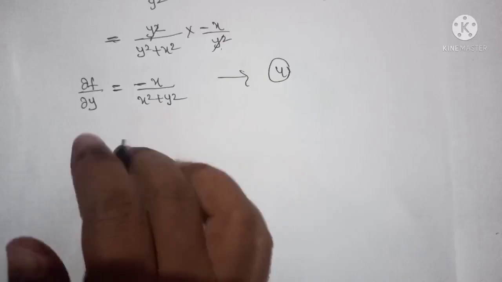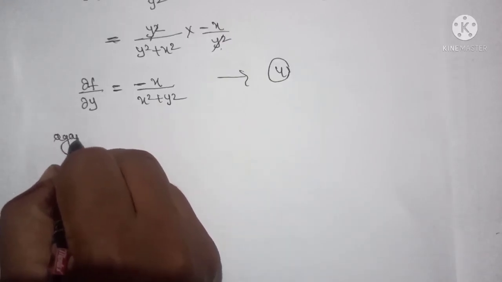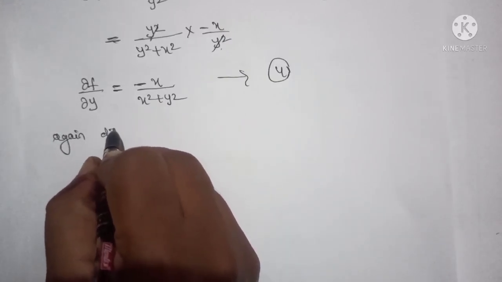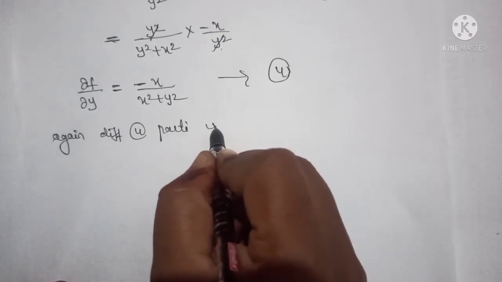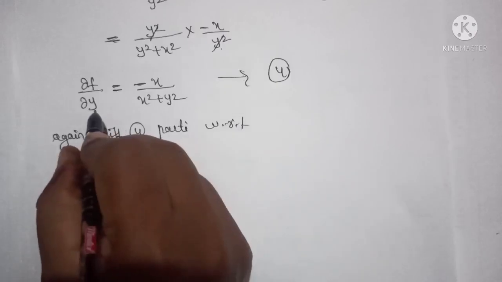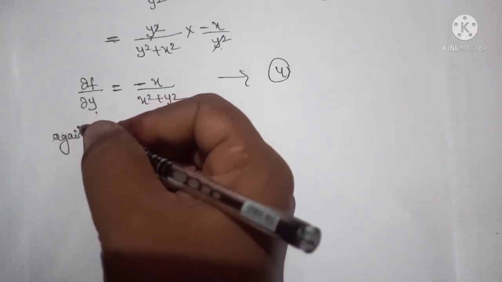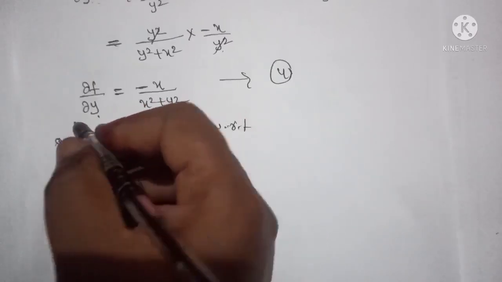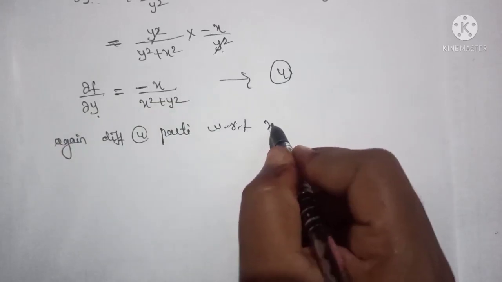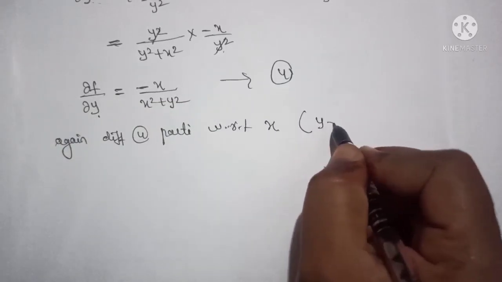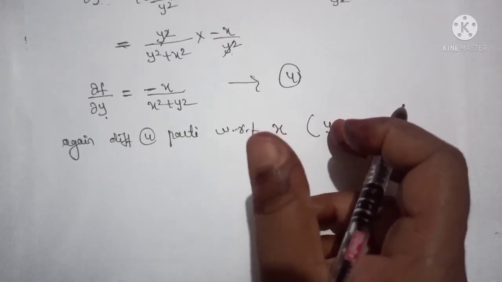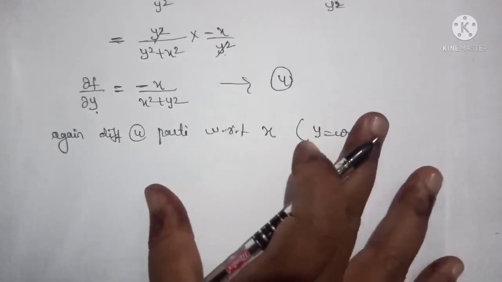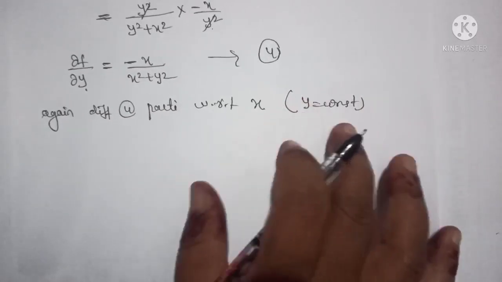Now again differentiating equation 4 partially with respect to, so see here already we have differentiated partially with respect to y. Now we have to differentiate with respect to x. So here y becomes constant. If you write like this, you will be clear that here y is constant.